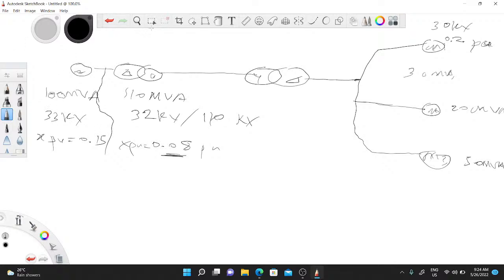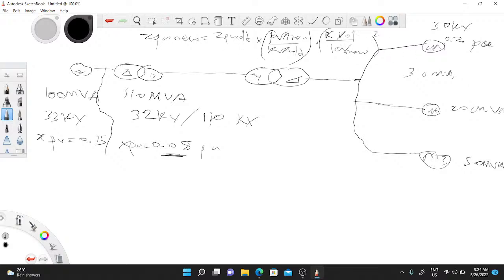So you should start thinking that we'll be using ZPU new equals ZPU old times KVA new over KVA old times KVA old over KVA new all squared. Here it is MVA and KVA, but they should be in the same unit. So you start thinking that we'll be using this equation.